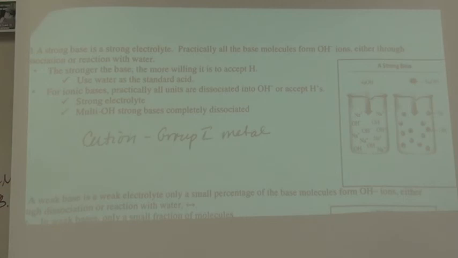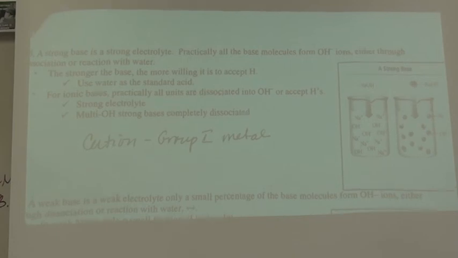So there are just a few. A weak base is a weak electrolyte, and only a small percentage of the base molecules form OH ions. In order to find the pH of a weak base, we're going to have to do a Rice table as well. Here are some weak bases.